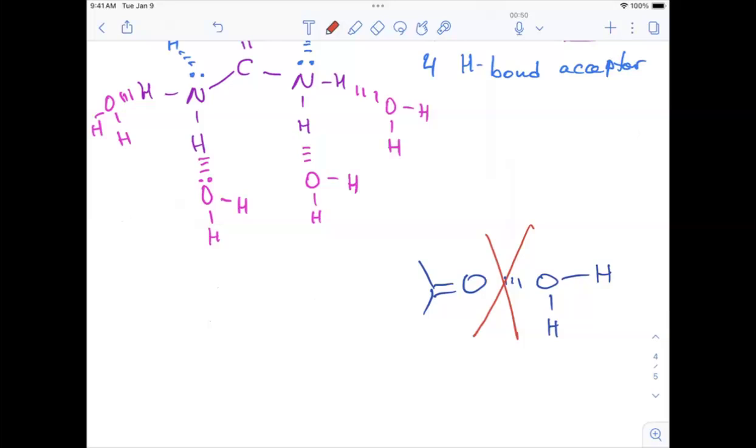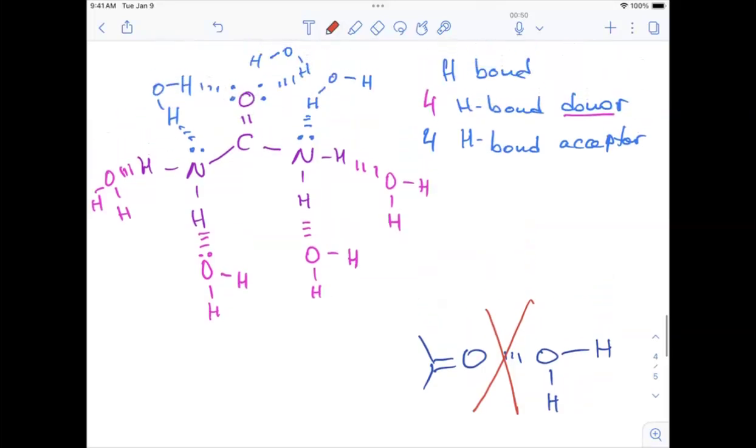The same way you can't have 2 H's pointing to each other, because if you remember, the nature of hydrogen bond is that we have partial negative on the lone pair and partial positive on the H that's attached to this nitrogen, because nitrogen steals electrons from the hydrogen. It's more electronegative. Just the same way as oxygen.